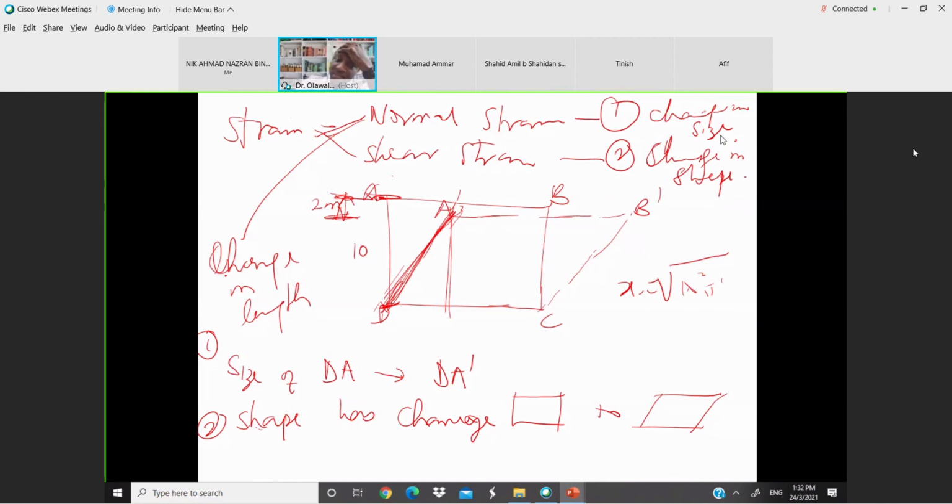What about shape? This shape is changed from rectangle to parallelogram or thereabout. Now, what is your angle here? And what is your angle here? Is it the same?